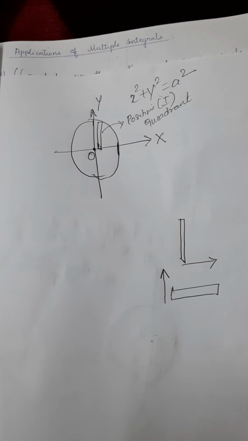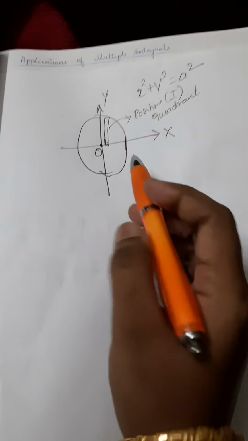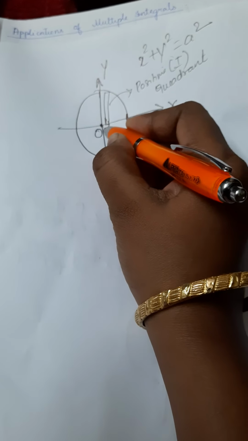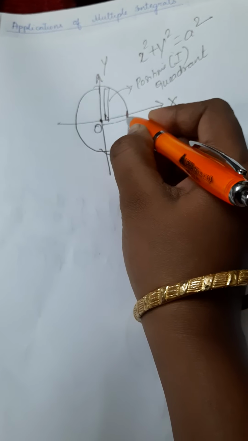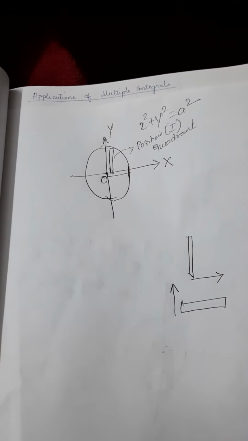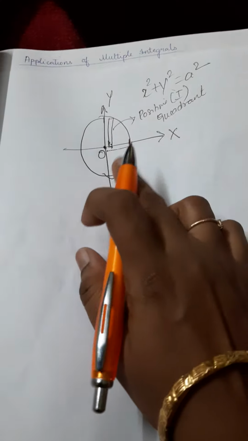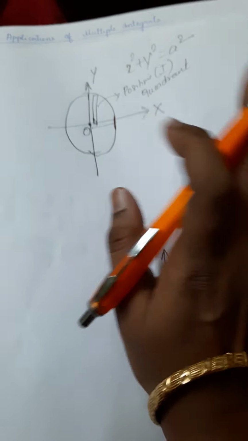The strip is made to move from the initial point to the final point such that this movement is going to give us one of the limits.